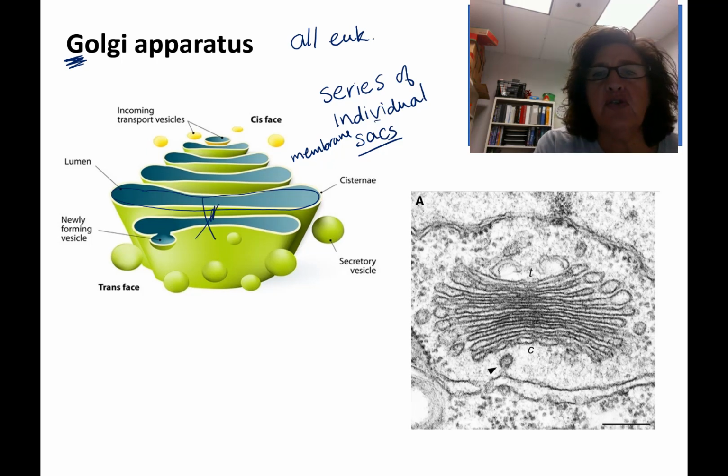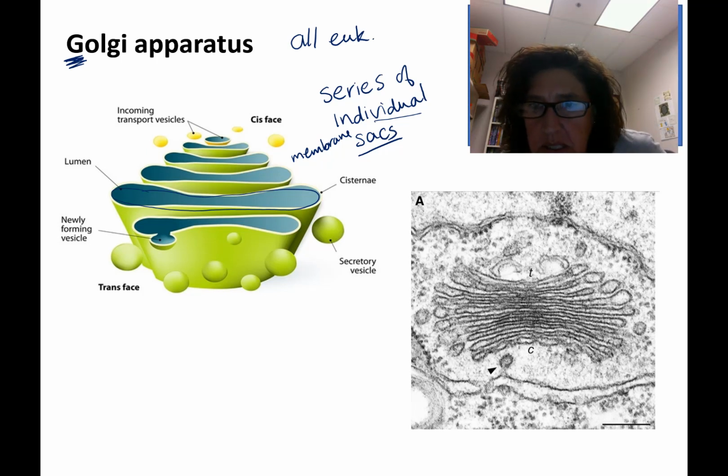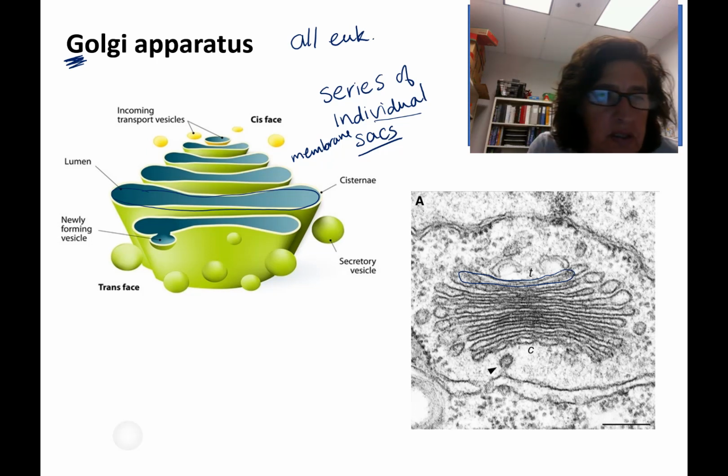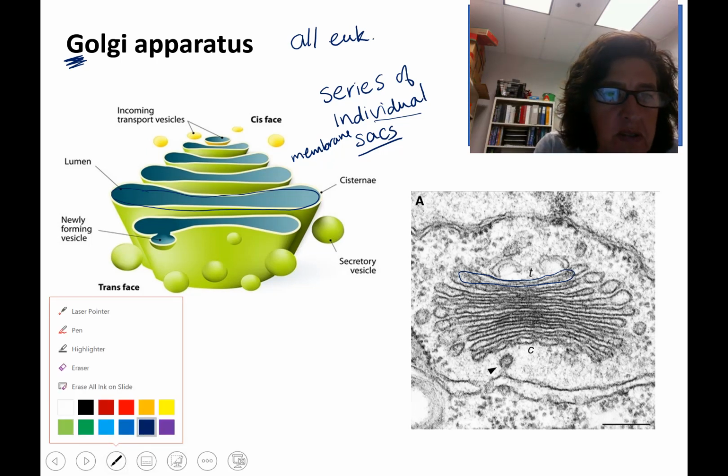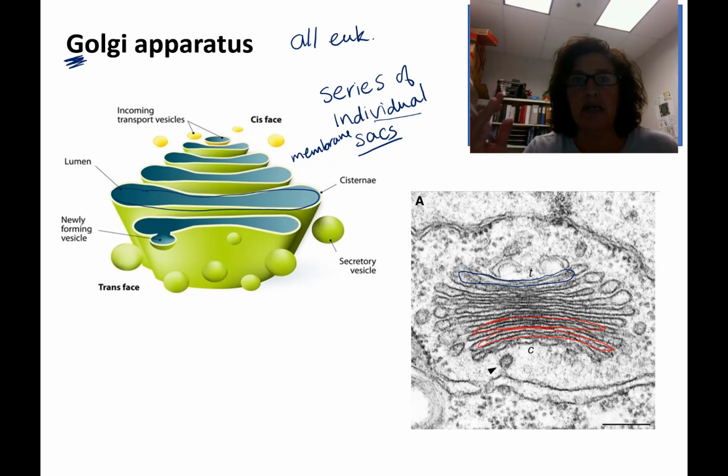They're individual, so it's not a network like the ER. And you can kind of see that. Here's a TEM, and you can see all these individual sacs. So some people say it looks like a stack of pita bread or a stack of pancakes.